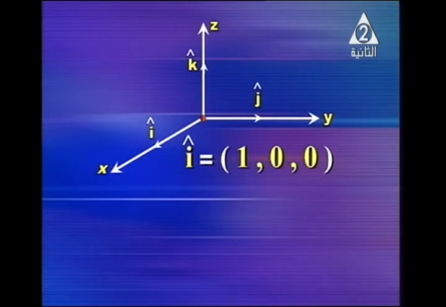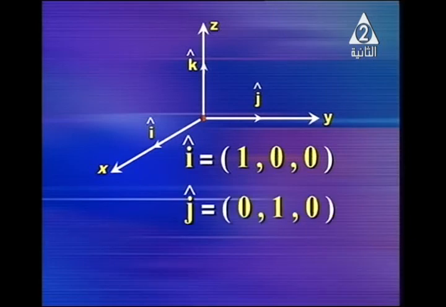Unit vector in x, then the component of x is 1, but the two components in y and in z are 0 and 0. When we find norm i, answer is 1. This is a unit vector in the direction OX, but j is a unit vector in the direction OY.